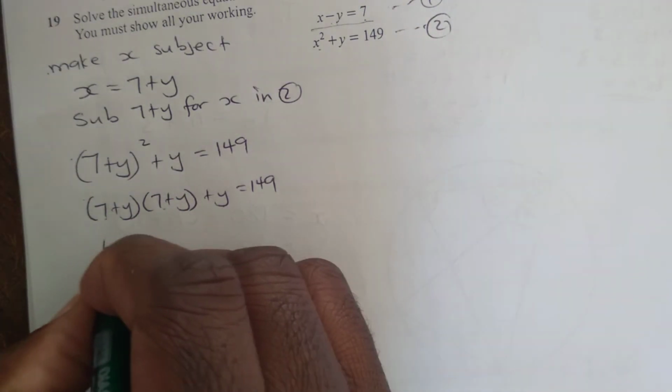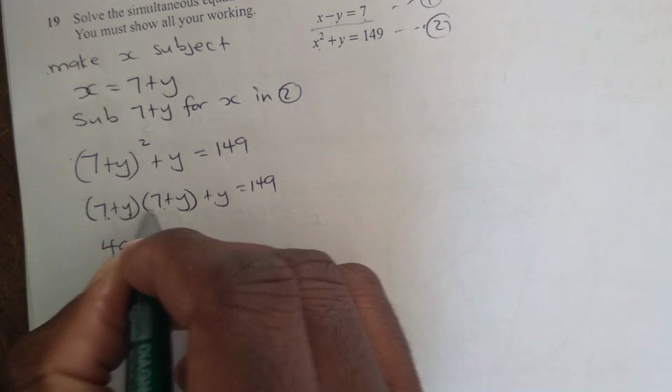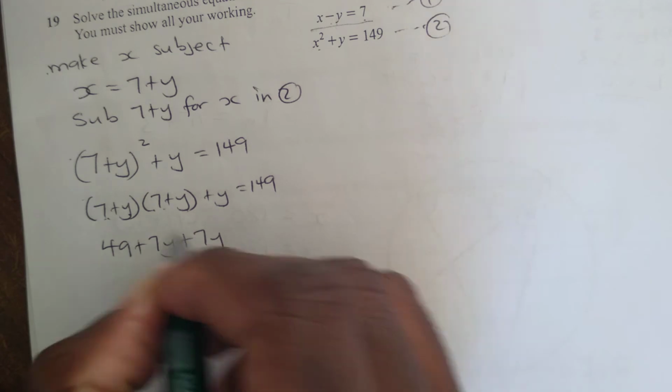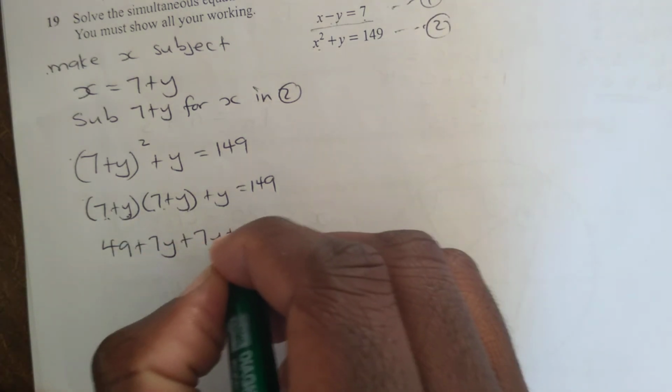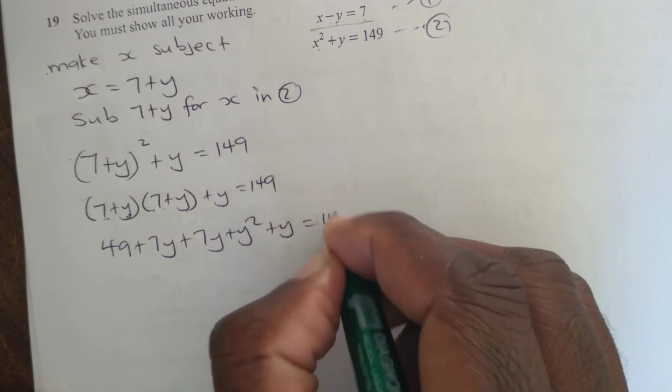7 and 7 will give you 49. 7 times y, 7y. y times 7, 7y. y times y, y squared, plus y equals 149.